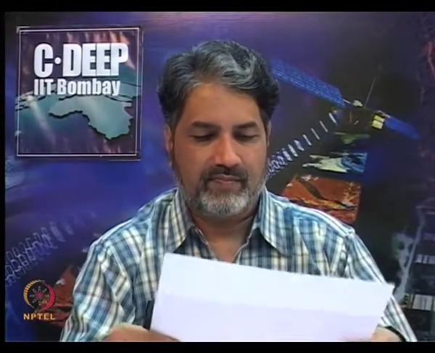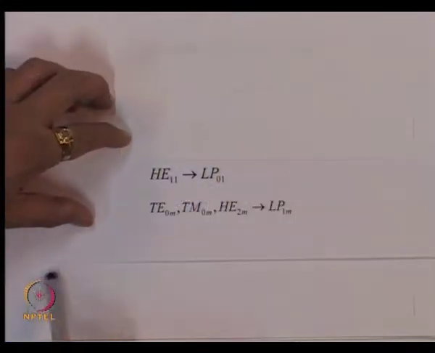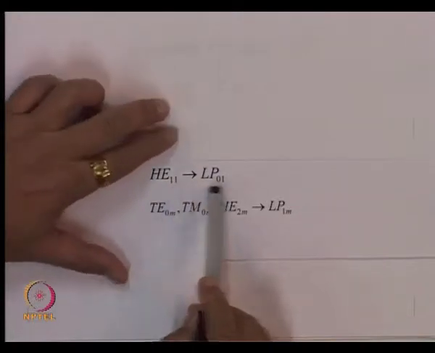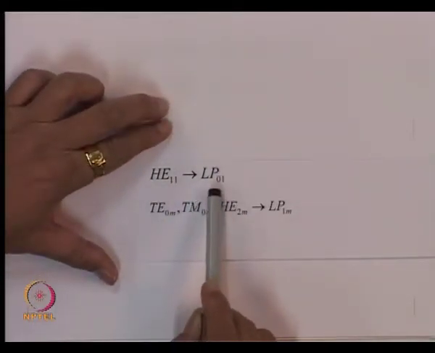So, in general, we can have a combination of different modes which generate the linearly polarized modes. If I take the HE11 mode, the HE11 mode will become the linearly polarized 0,1 mode.